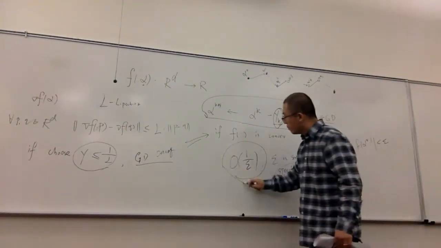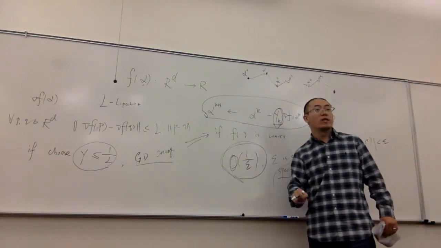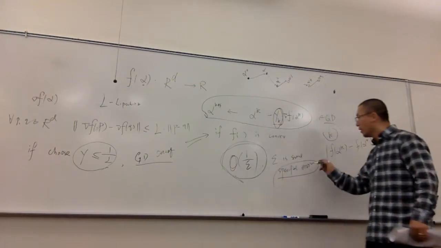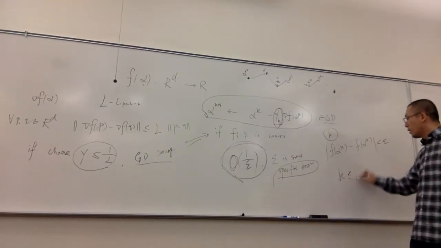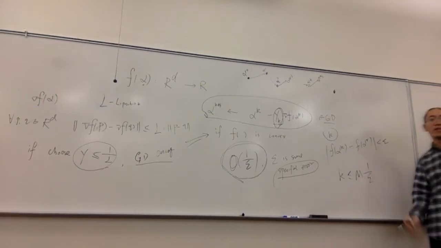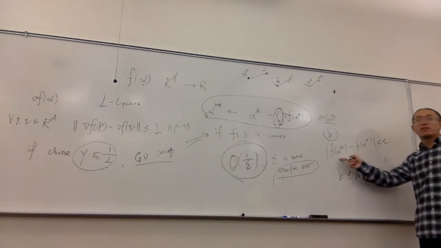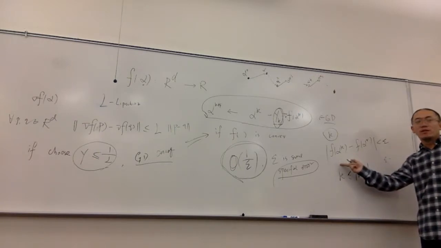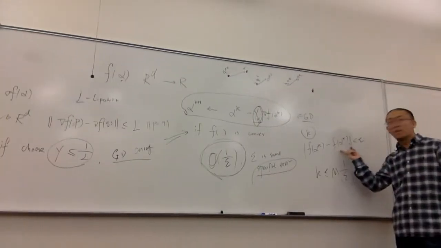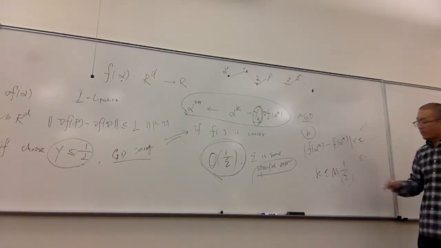We also reviewed the meaning of big O notation. Big O notation basically means that this k is upper bounded by some constant m times 1 over epsilon. So you can imagine if your epsilon is set to be very small, say I want after k updates the difference between the function value and the minimum function value to be less than or equal to, say, 10 to the minus 6, then the number of updates is at least 1 million.